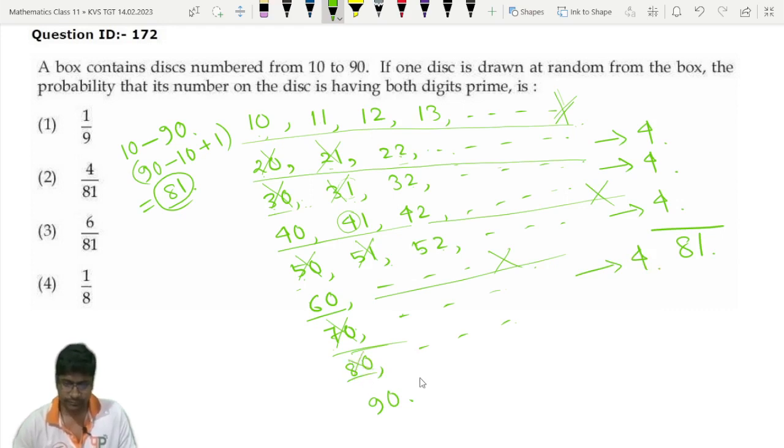Now 8 we will not take because 8 is a composite number, 9 is also a composite number, we will not take. So how many favorable outcomes are we getting? Total number of favorable outcomes: 4, this 4, this 4 and this 4. So 4 into 4 is equal to 16. So this is 16 by 81.